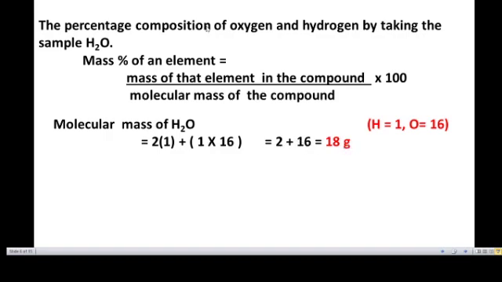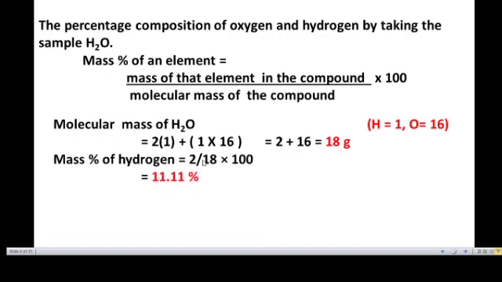The first step is to calculate the molecular mass of the given compound, H2O. This is the molecular mass of water, that is 18 gram.